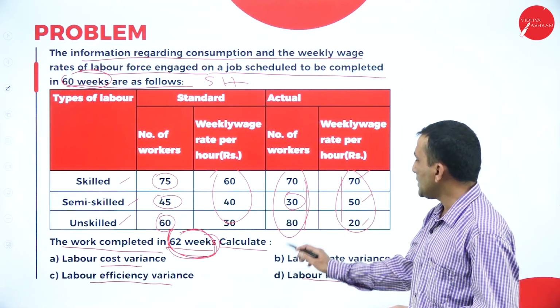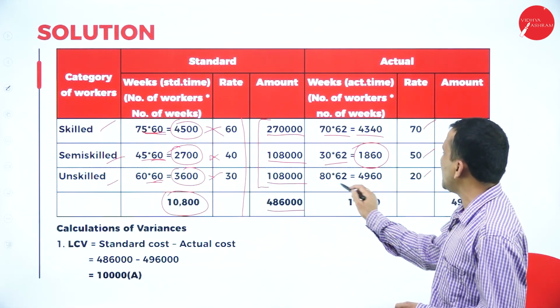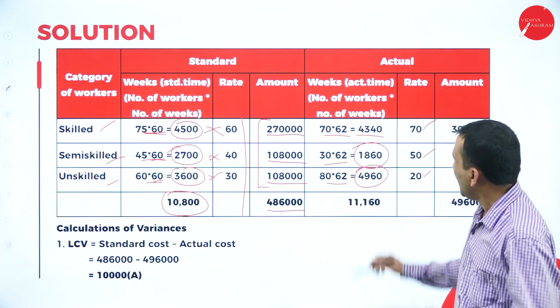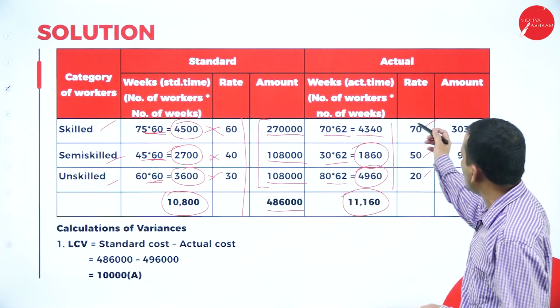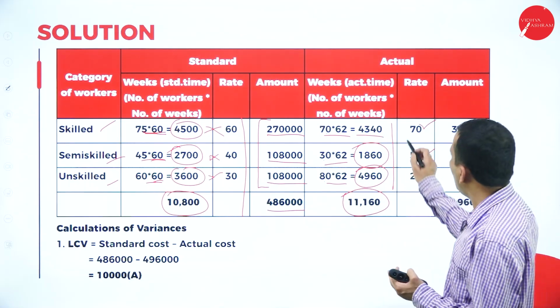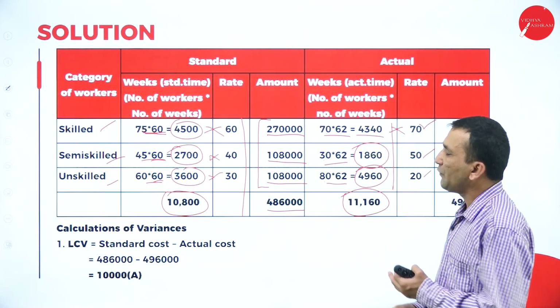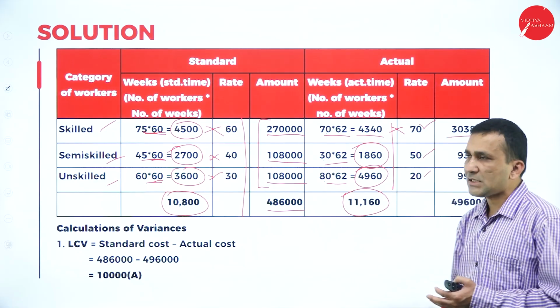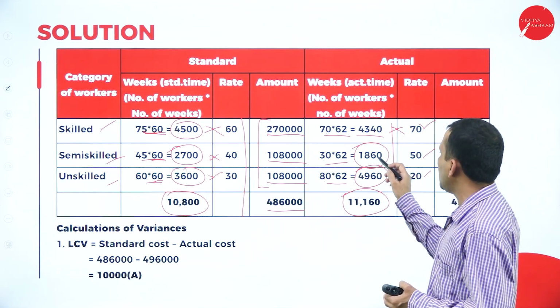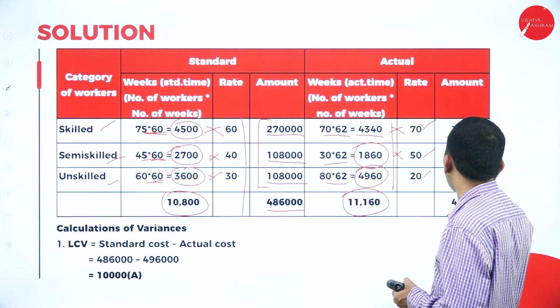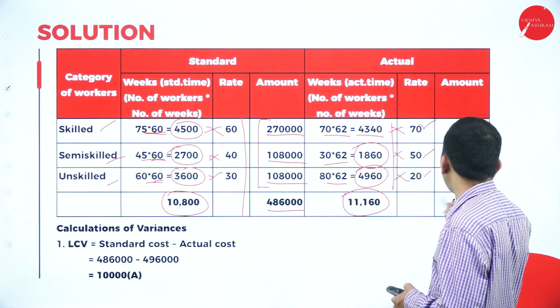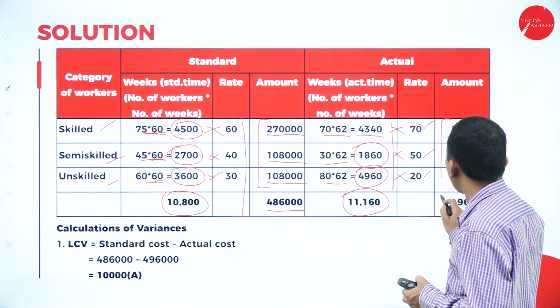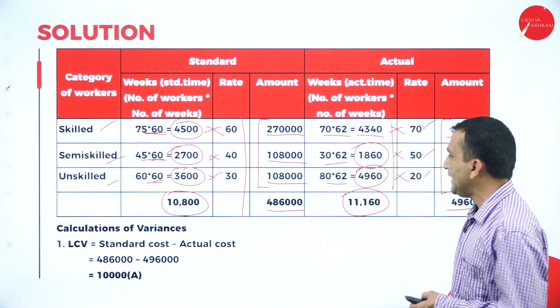And next, unskilled 80 into 62, 4,960. If you take the total together, 11,160. Now we multiply 4,340 into 70, 3,03,800, 1,860 into 50, 93,000, 4,960 into 20, 99,200. If you take the total together, 4,96,000.